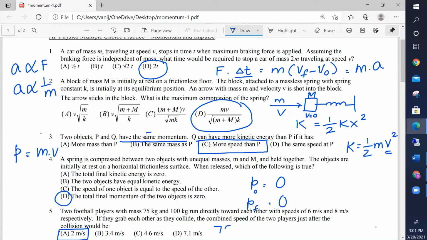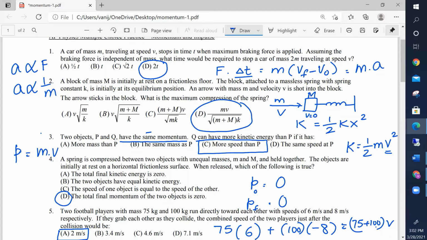It says 75 times 6 meters per second, plus 100 times negative 8 meters per second would be equal to (75 plus 100) times V. Do you all agree with me?